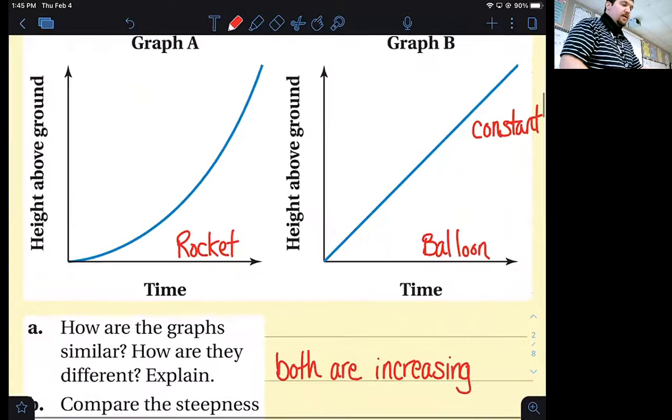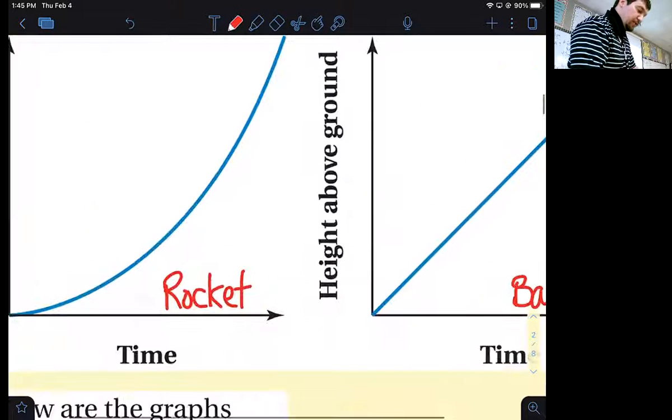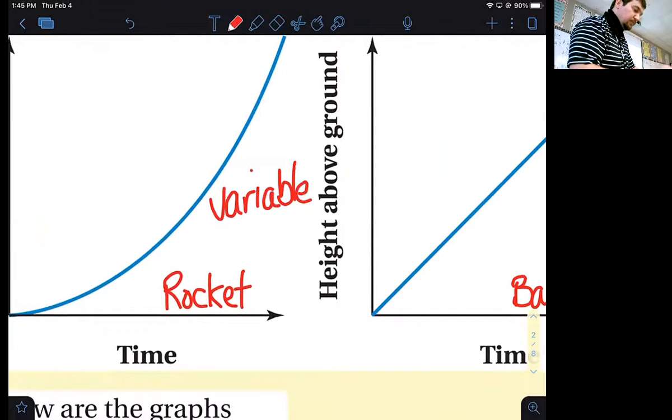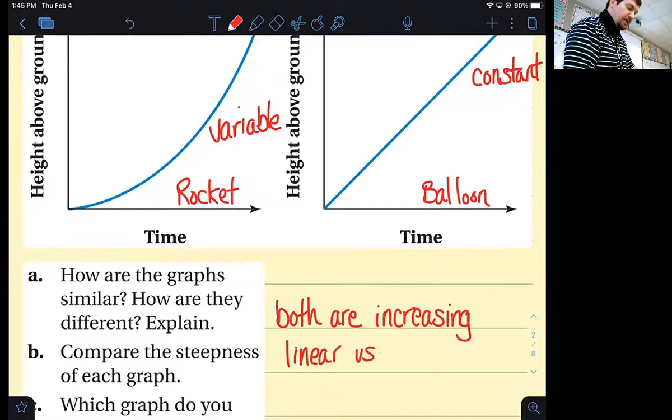The other one has a variable rate of change, which means the rate of change is changing. And I like his explanation of saying one's linear versus one being nonlinear. That's definitely a way that they're different.